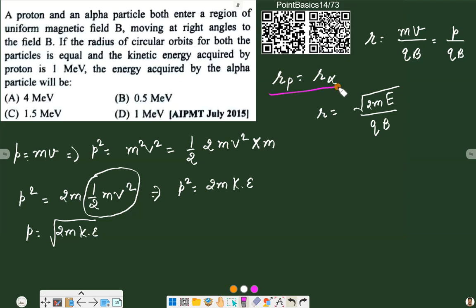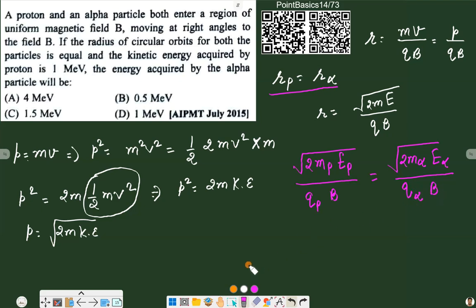As mentioned, the radius is equal for both, so the radius of the proton, twice the mass of proton into energy of proton divided by charge of proton, and magnetic field is the same for both, is equal to, for alpha, twice mass of alpha, energy of alpha divided by charge of alpha into magnetic field. So now B gets cancelled, and we have to find the energy acquired by the alpha particle.